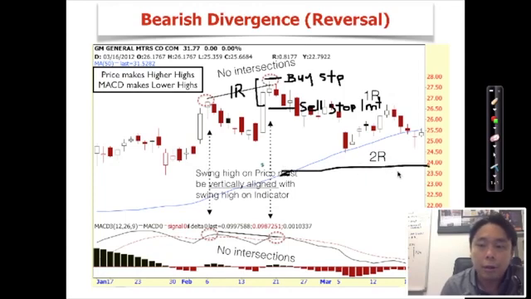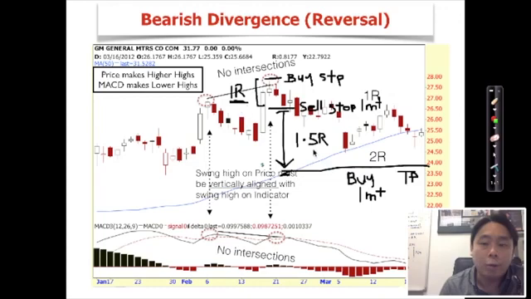So this will be your target price to exit the trade. So you could do a buy limit order to exit the trade over there. So from here to here, make sure it's at least 1.5 or 2R. So you're risking 1 to make 1.5.